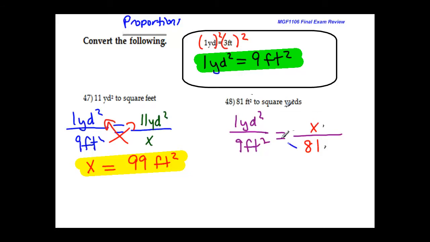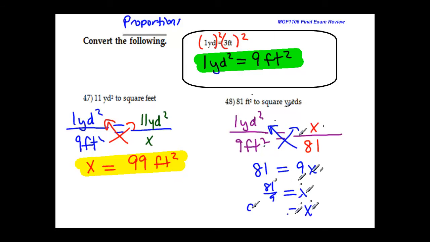We will cross multiply. 1 times 81 is 81. 9 times x is 9x. Divide both sides by 9. X equals 9. And again, yards squared are my units that I want. You have to use the conversion factor of yards squared to feet squared to do this problem.